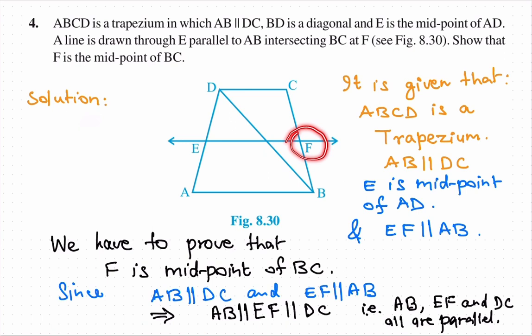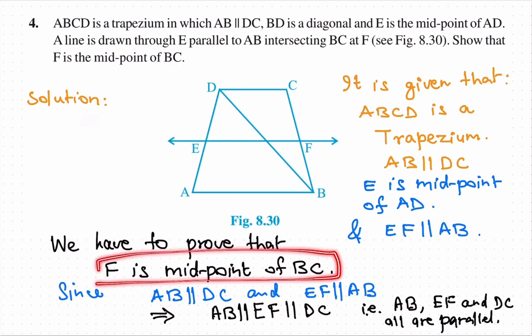So what are we given? Let us solve. We are given that ABCD is a trapezium and AB is parallel to DC. This side is parallel to this side and E is the midpoint of AD. Also it is given that EF is parallel to AB. So we have to prove that F is the midpoint of BC.